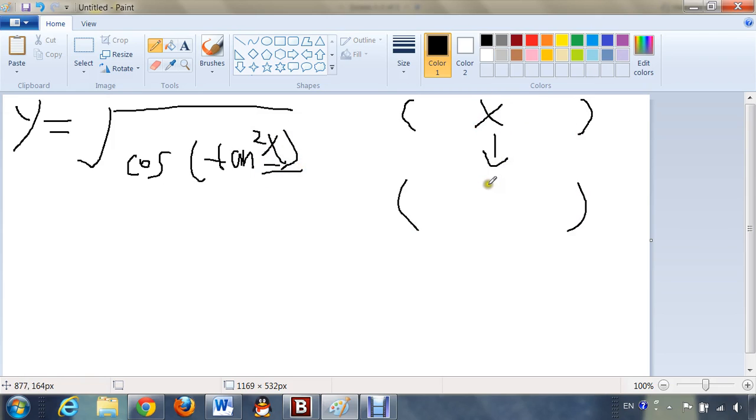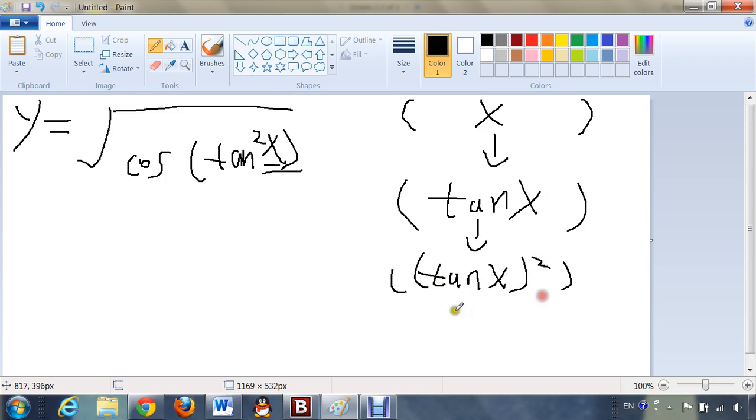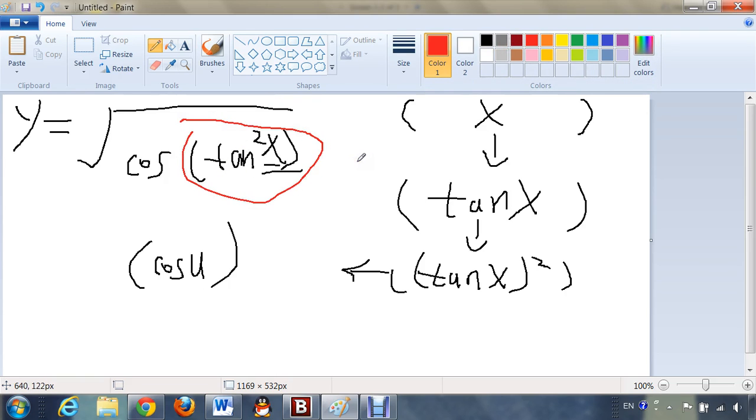Then you find that there is tangent x, and then tangent x squared, and another part, cosine to the something, which is cosine of tangent square x.